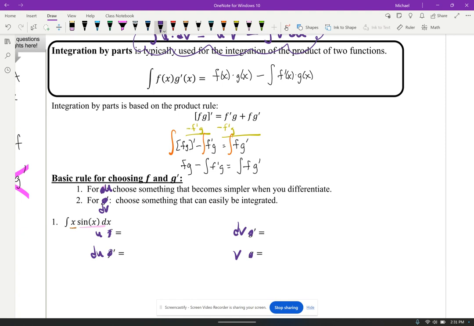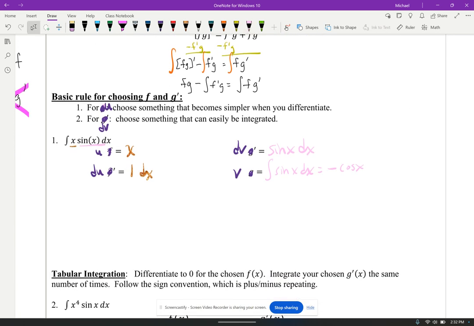And the answer is yes, if I choose x to be my u and dv to be my sine x dx, right? Then when I take the derivative of x, that's going to be 1 dx. And when I take the antiderivative of sine x dx, that's going to be negative cosine x, because the derivative of negative cosine x is positive sine x.